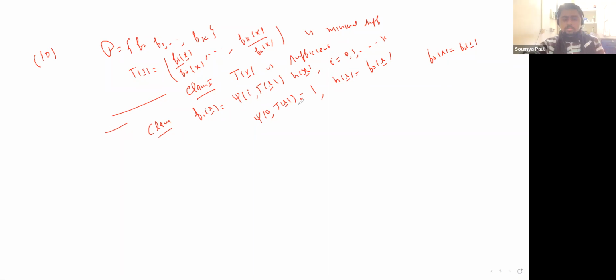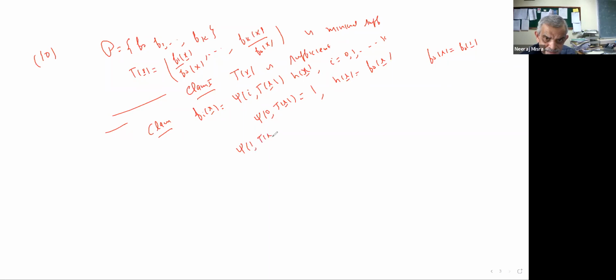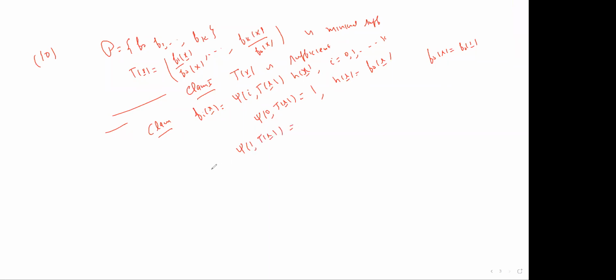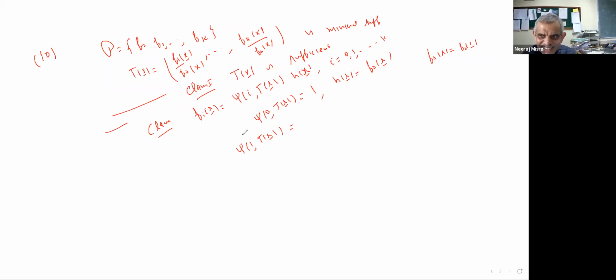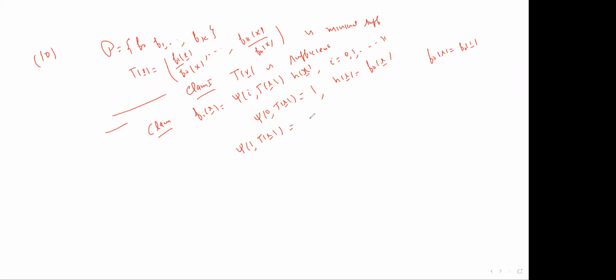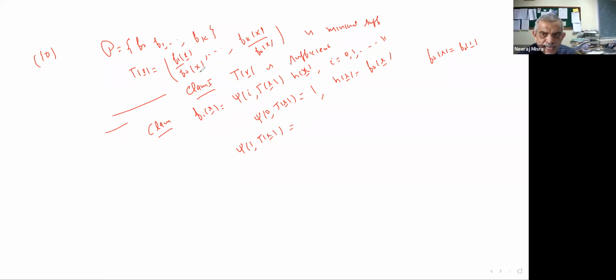Okay. What would be psi 1 of Tx? Basically your F1x can be written as F1x upon F0x into F0x, and F0x is Hx only.